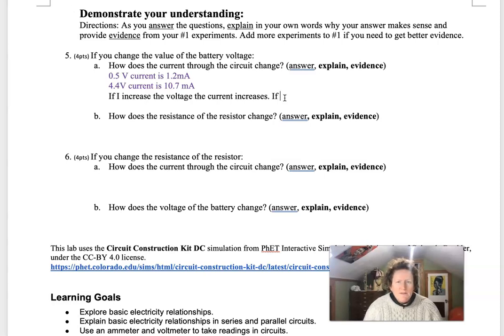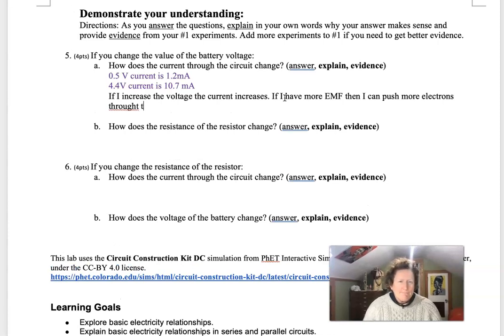This is basically if I have more EMF, which is electromotive force, then I can push more electrons, which is the current, through the circuit.